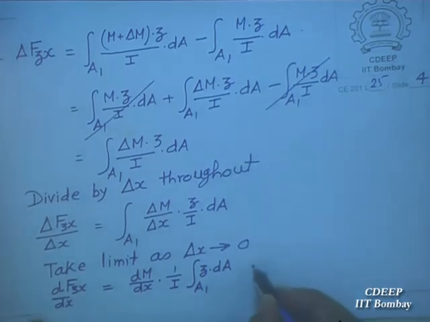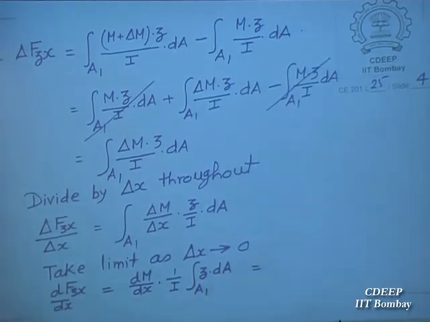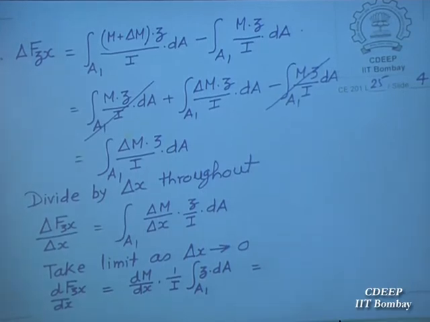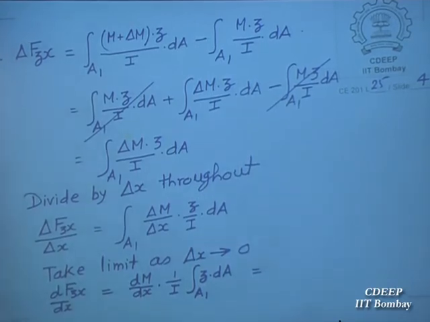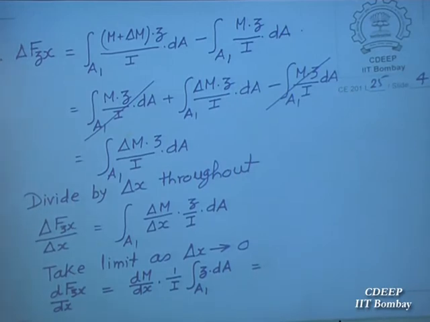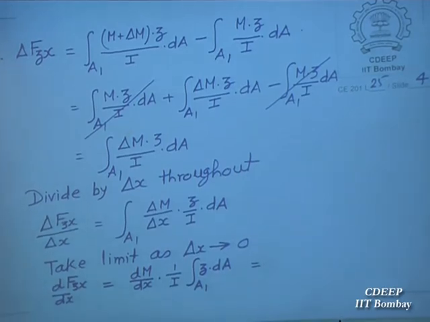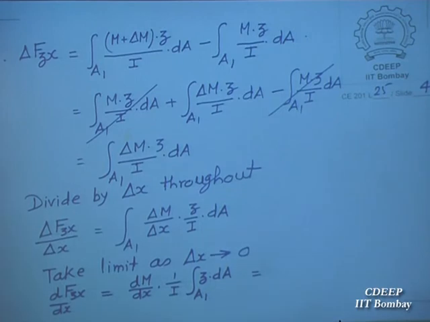What is dm by dx? Rate of change of moment with respect to x. It is V, the shear force acting at the cross section x.